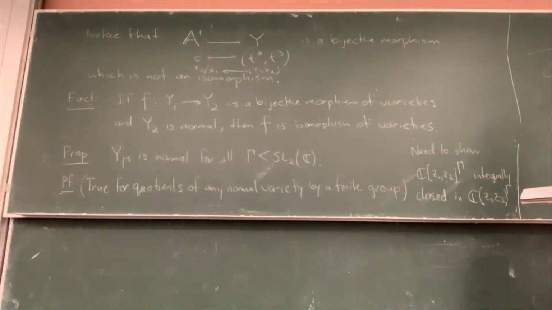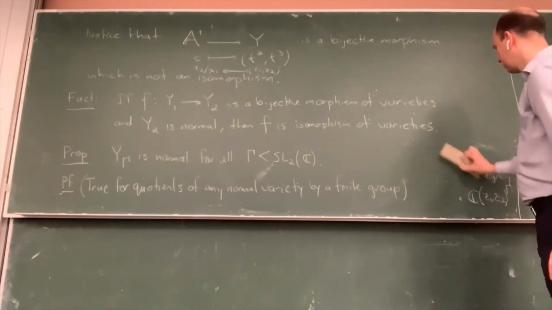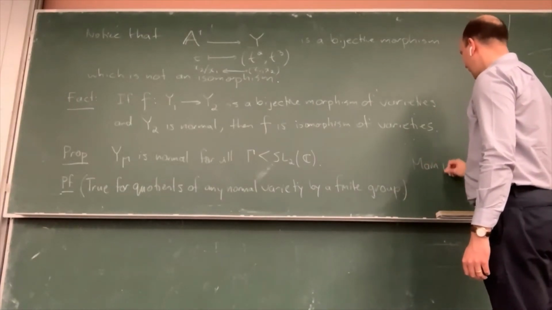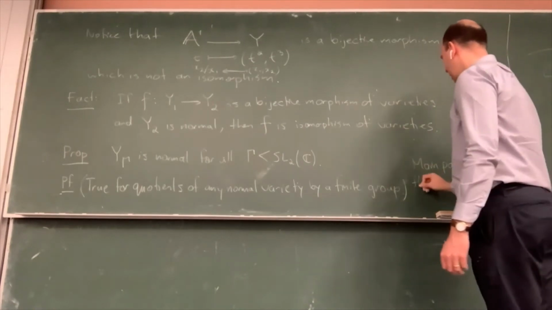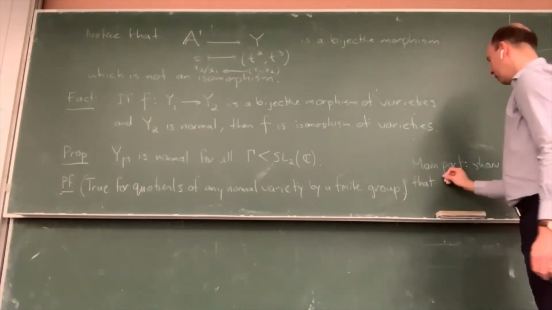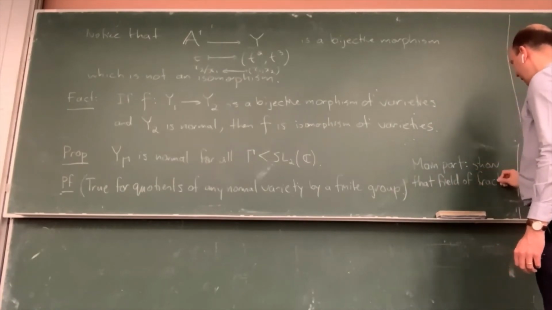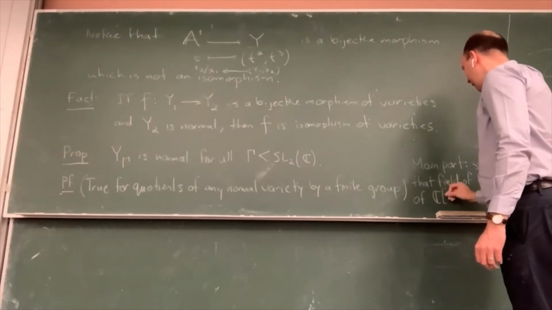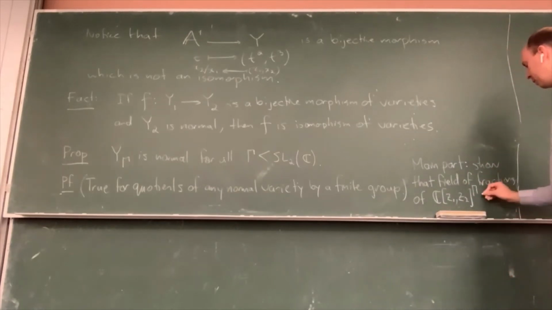So the main part is to show that the field of fractions of the gamma invariant polynomials is the gamma invariant rational functions.